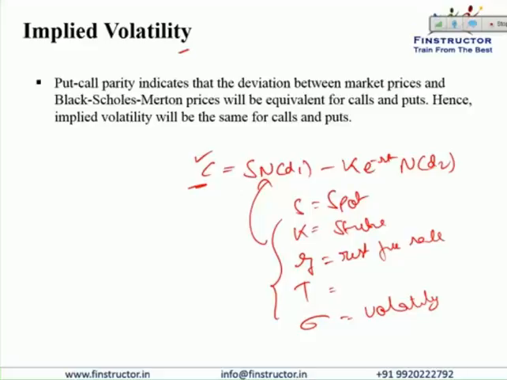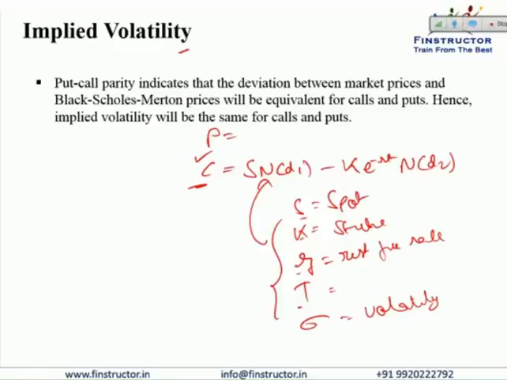Similarly, we can easily derive the formula for a European put option using the Black-Scholes-Merton model. We will input the same spot, strike, risk-free rate, time and volatility of the stock, and we can derive the price of the put option.